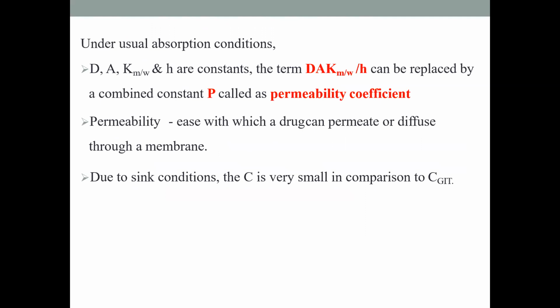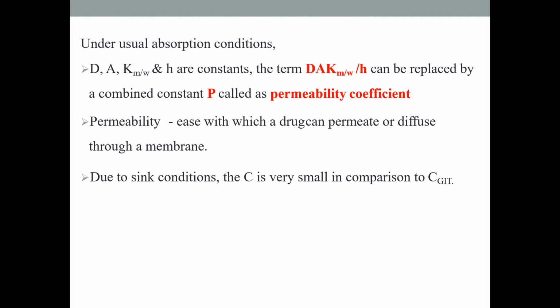Then next, under usual absorption conditions, capital A, the surface area of the absorbing membrane, capital D, the diffusion coefficient of the drug, along with the partition coefficient of the drug, are constant parameters and are replaced by a combined constant called the permeability coefficient, denoted by the symbol capital P. Permeability mainly relates to the drug which can penetrate or diffuse through a membrane.